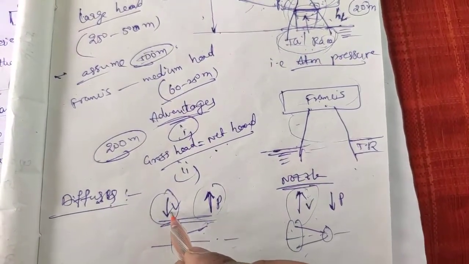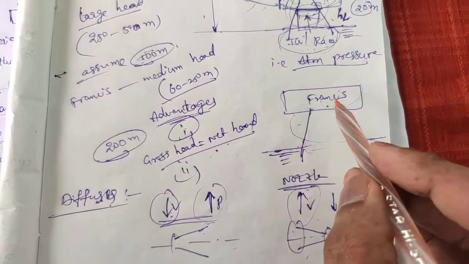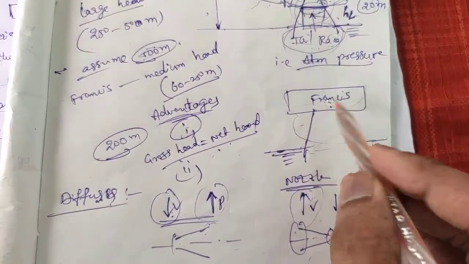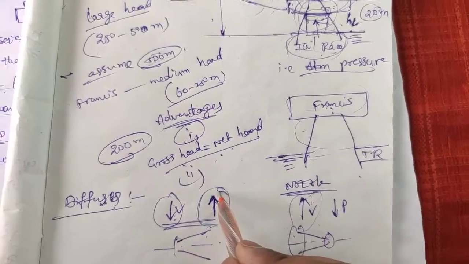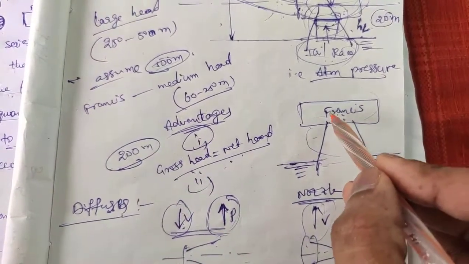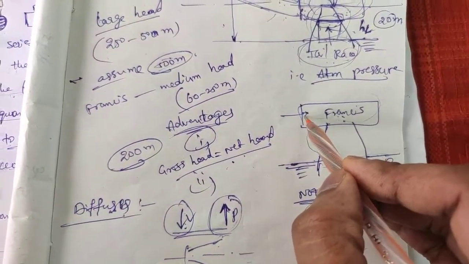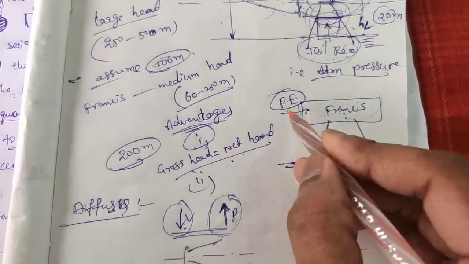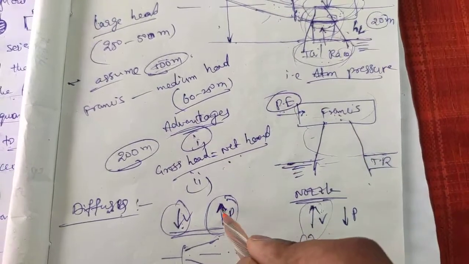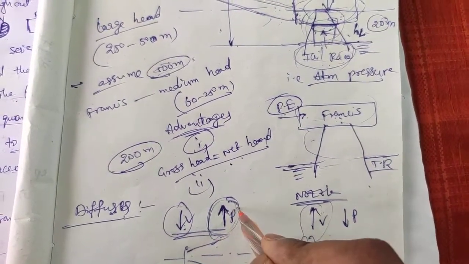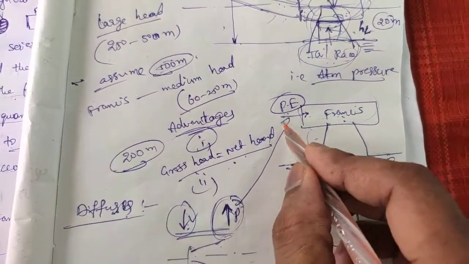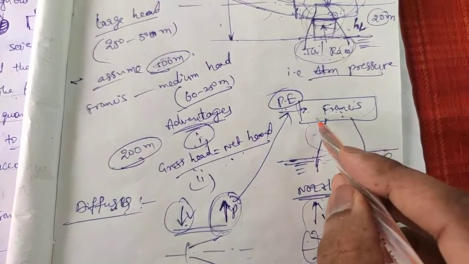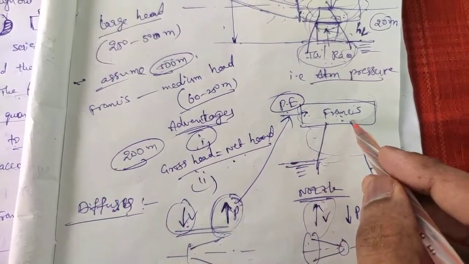Due to this reduced velocity, the Francis runner blades are safe, and the pressure increases. The main energy utilized in the Francis is pressure energy, so the pressure increased in the diffuser is also utilized in the function of the Francis turbine.